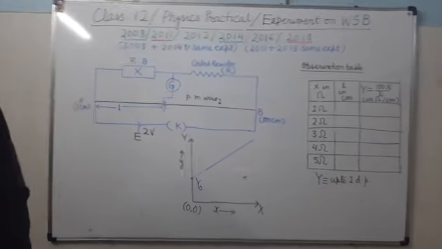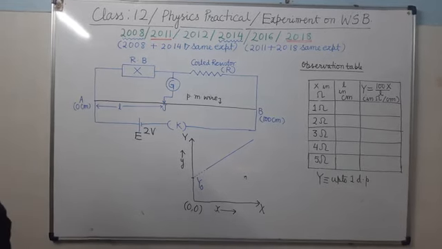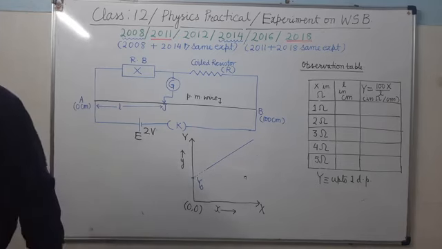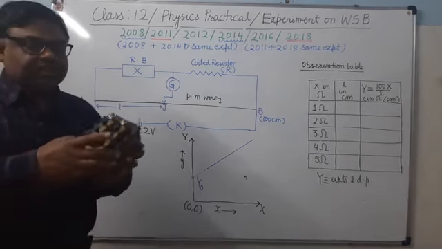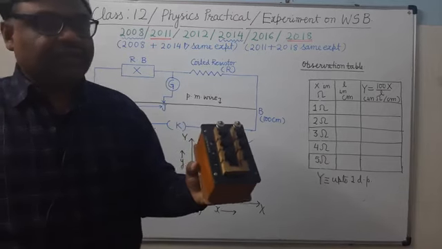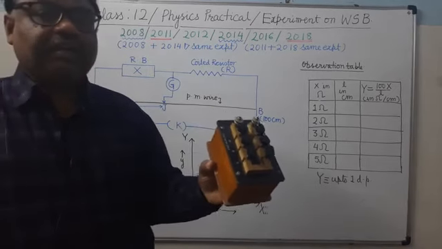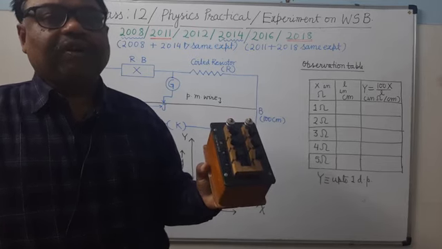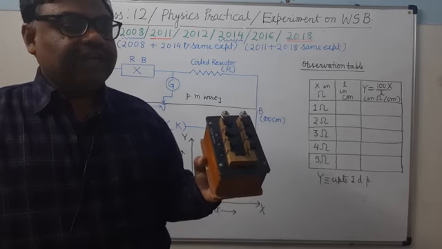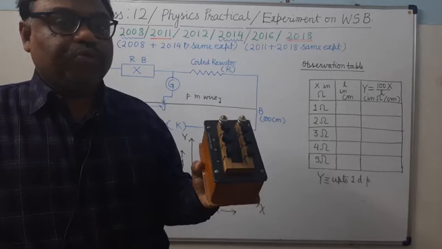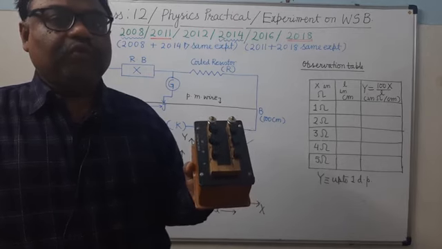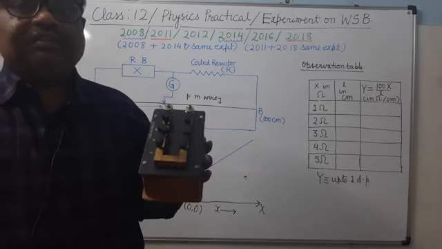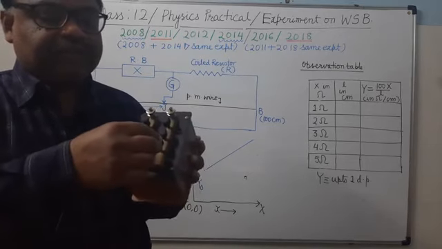Now see here, I will explain the circuit diagram, but before that, you see here, what is a resistance box, that you already know. This is the resistance box with the help of which we can introduce resistance at the gap of 1 ohm. That means we can introduce resistance of 1 ohm, 2 ohm, 3 ohm, 4 ohm, 5 ohm by taking out plug keys of that much value.